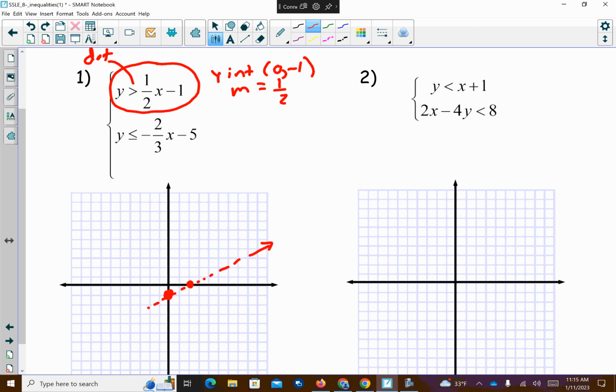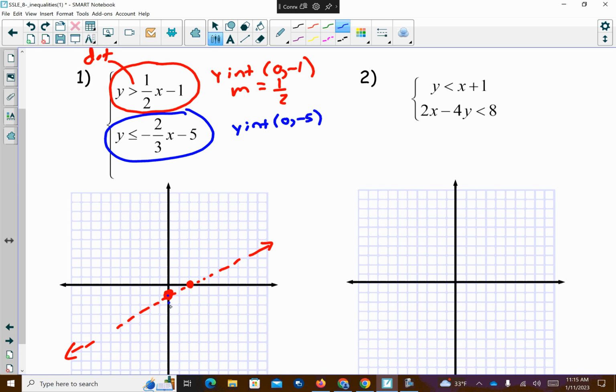Friends, question. This line that's drawn right now, do you feel comfortable that 0, 0 is above it? So we might be able to use 0, 0, but we won't know until we graph our second line. Okay? Second line, we'll do in blue. What's the y-intercept? 0, -5.